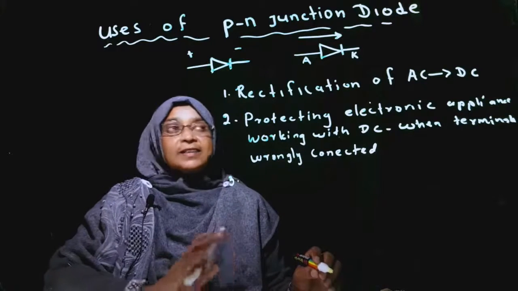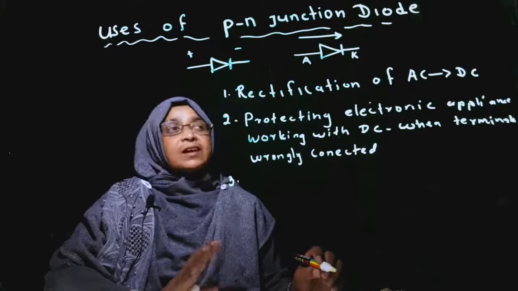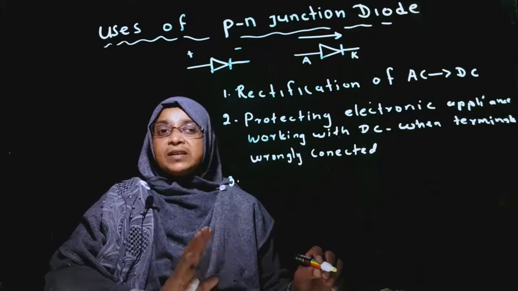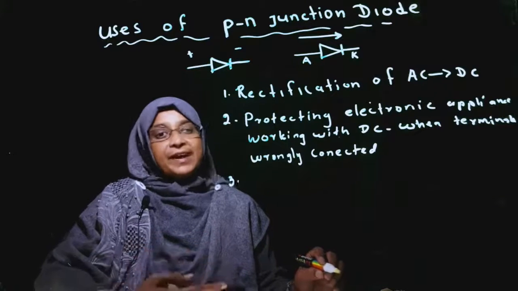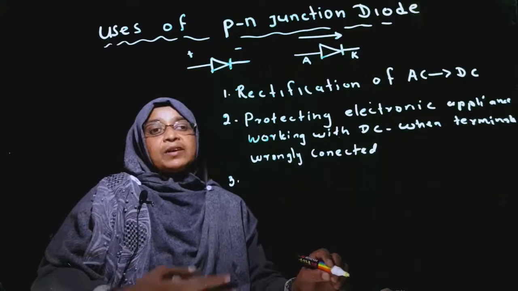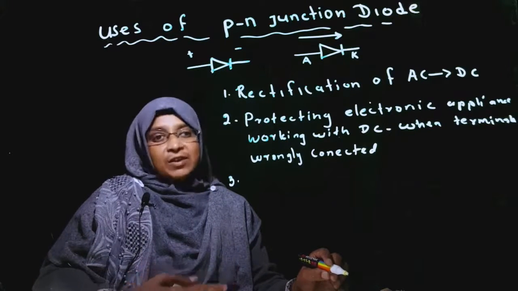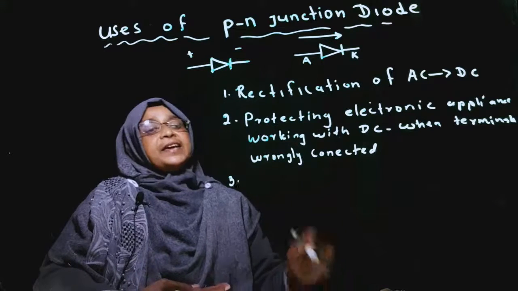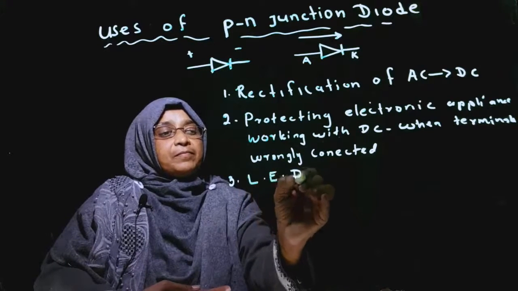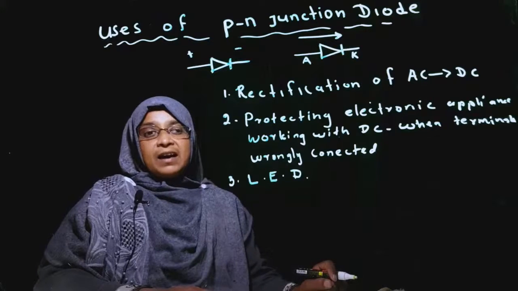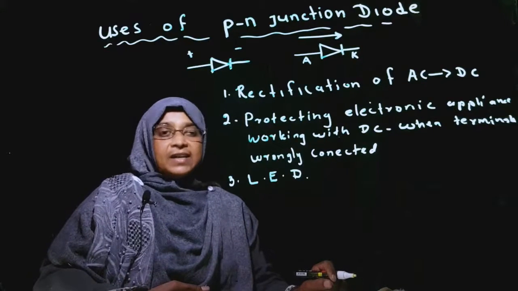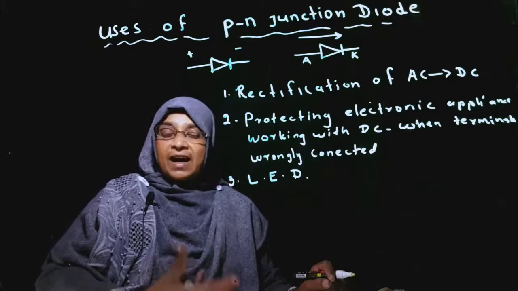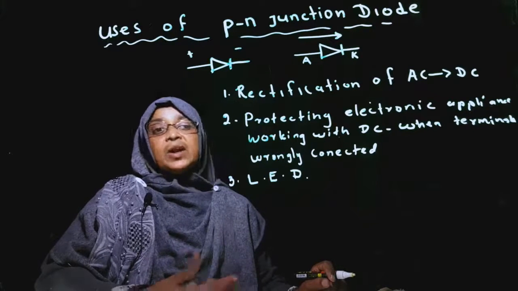There are junction diodes constructed using gallium arsenide. This type of PN junction emits light. So, these light emitting diodes are called LEDs. LEDs are commonly used nowadays because these LEDs emit light with low power.